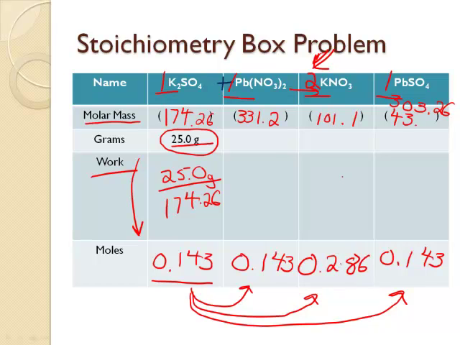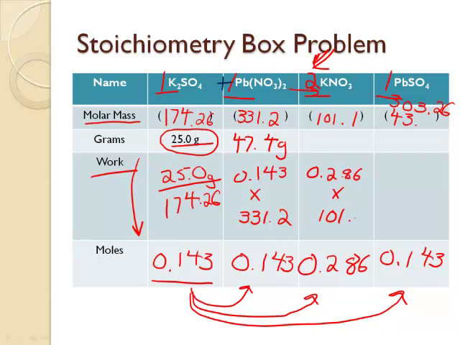Once I have all the mole amounts, I just have to convert those back to grams, which means multiplying. I'll take 0.143 multiplied by 331.2, and that'll give me 47.4 grams. Then I'll do the same thing here: 0.286 multiplied by 101.1 gives me 28.91.